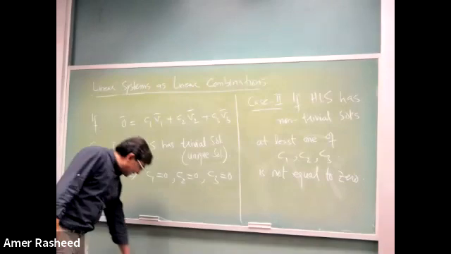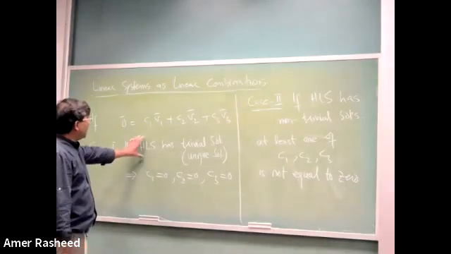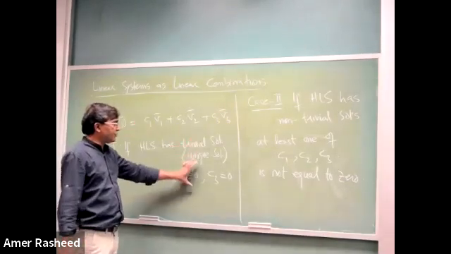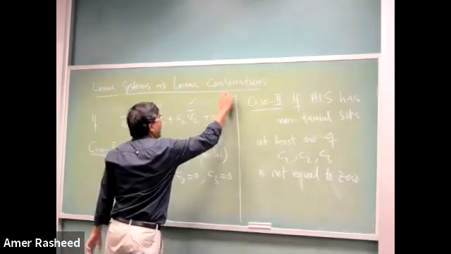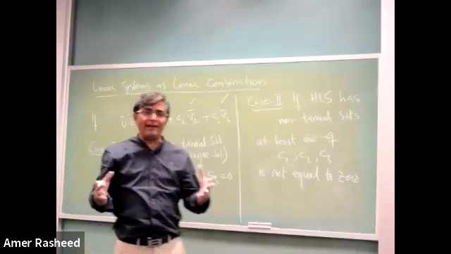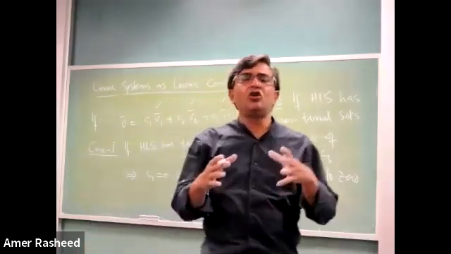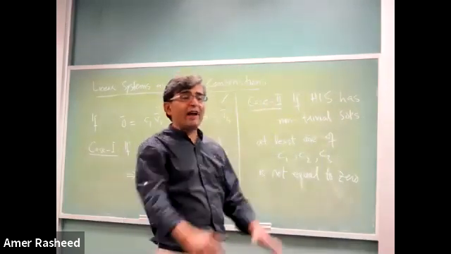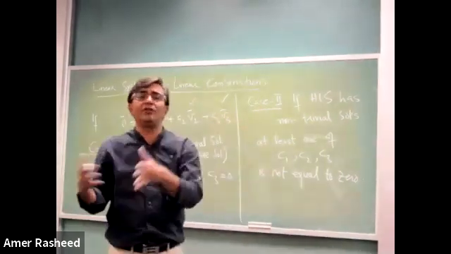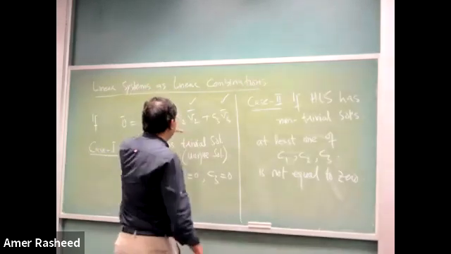Now if you have only the trivial solution of this homogeneous linear system, then we say that these vectors are linearly independent because they don't have any relation with each other. We cannot write one vector as a linear combination of some other vectors in this set.